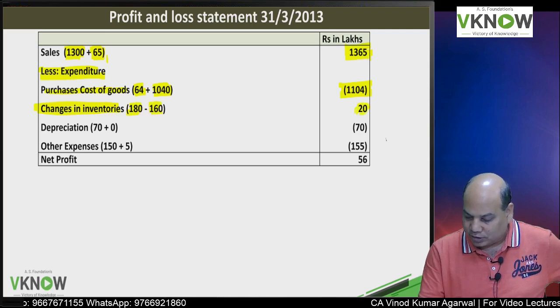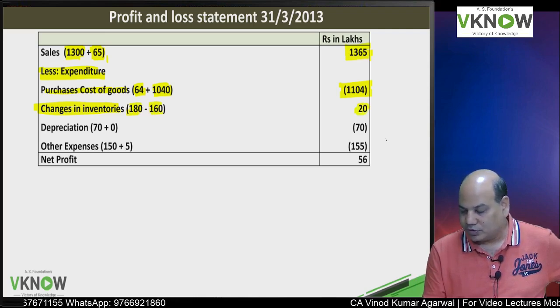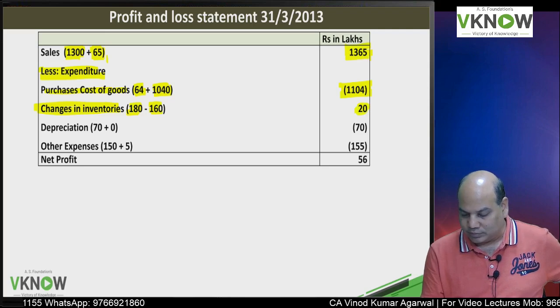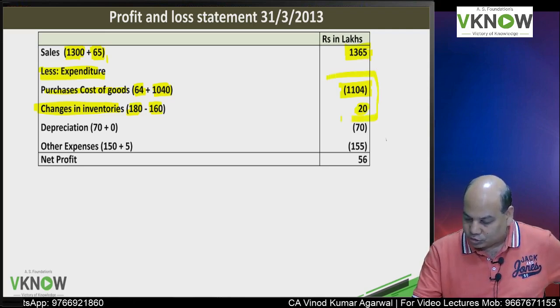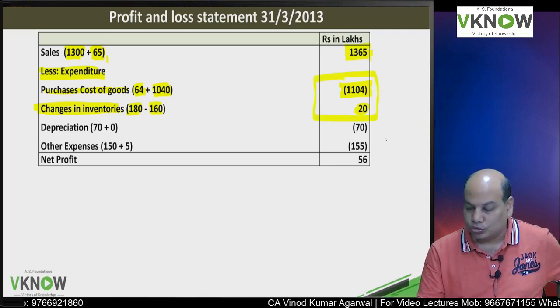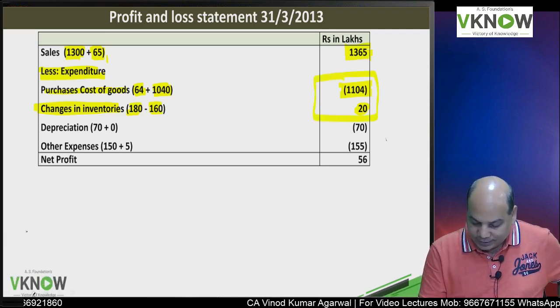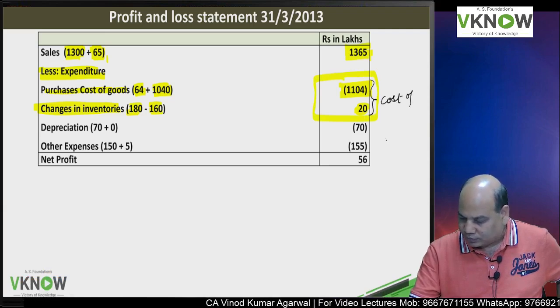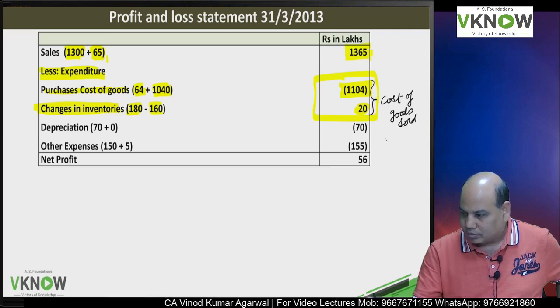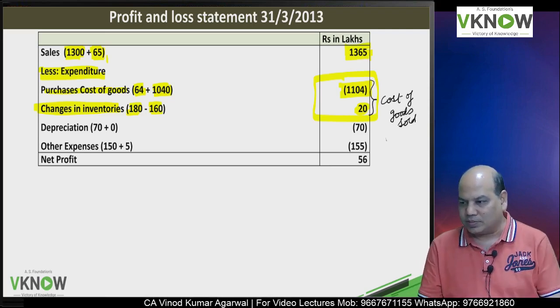So change in inventory is 20. Is it right? The net effect of these two items is the cost of goods sold. But we have to present them separately.